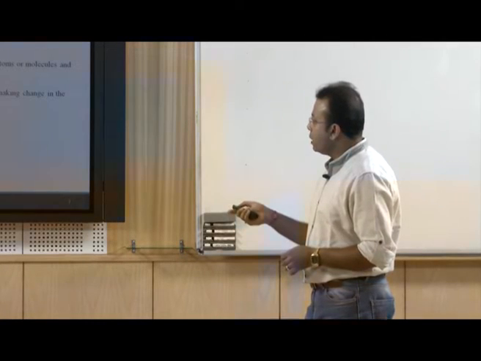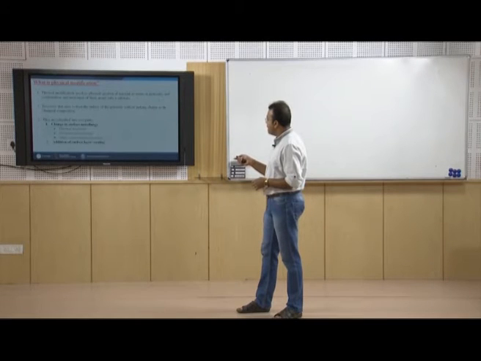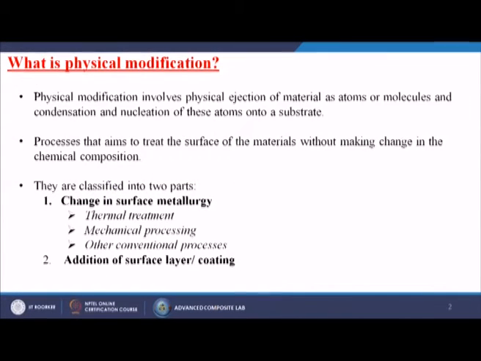Physical modification involves physical ejection of materials as atoms or molecules, and condensation and nucleation of these atoms onto a substrate, a process that aims to treat the surface of the material without making any change in the chemical composition. That means we are not going to change the chemical composition of that material, nor its chemical structure.